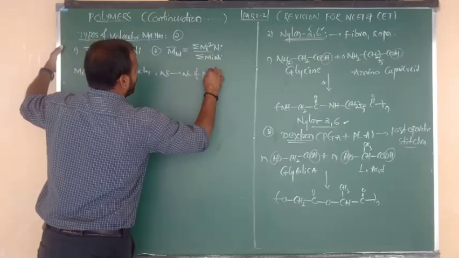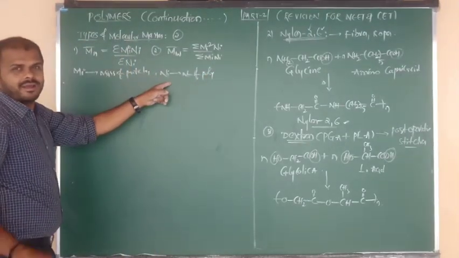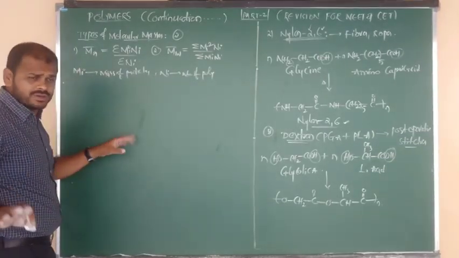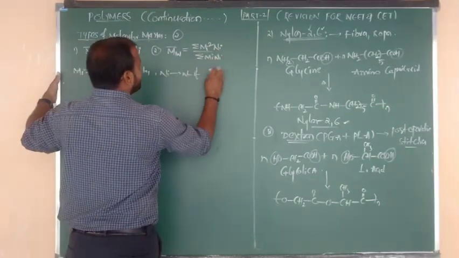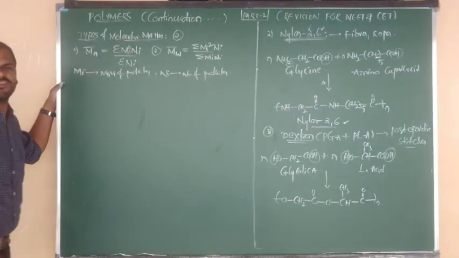So in the given polymeric mixture, how many particles are there, and which masses do the respective particles have? They will provide the values, just substitute and do the calculation. Ni is the number of particles present in the given sample of polymer.